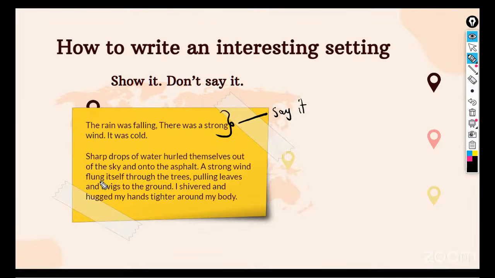Then a strong wind flung itself through the trees, pulling leaves and twigs to the ground, right? So we have an interesting verb like flung. We've personified the wind, we've used personification. I shivered and hugged my hands tighter around my body. So we could figure out from that that the person is feeling how? Cold, right?